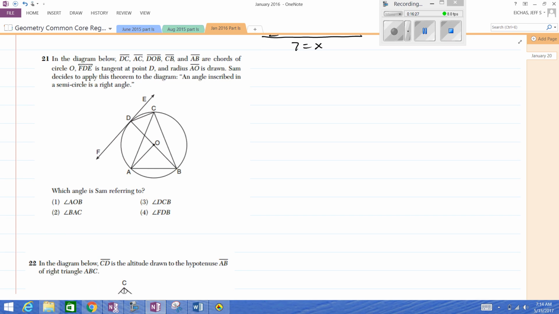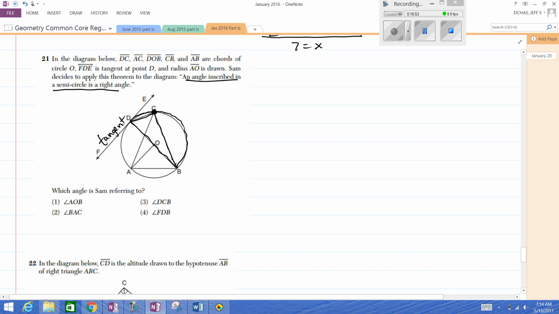All right, so we've got chords, tangent, okay, radius, all right, an inscribed angle, and a semicircle. All right, here's what we have. We have a semicircle right here. Okay, any angle inscribed there, right there, angle C, has to be a right angle.